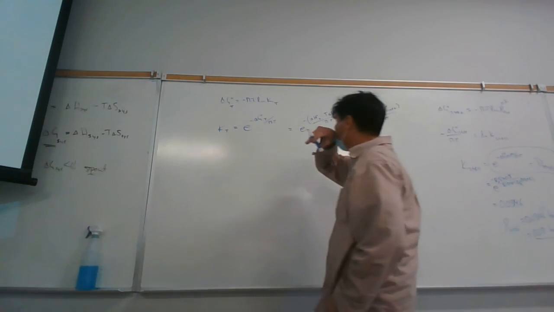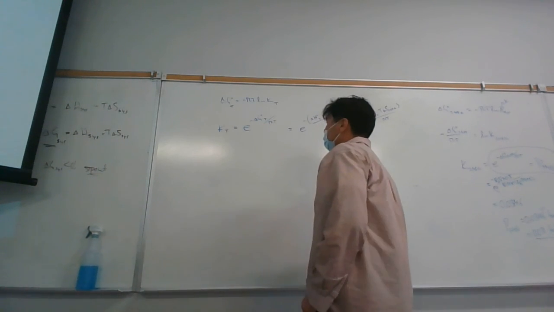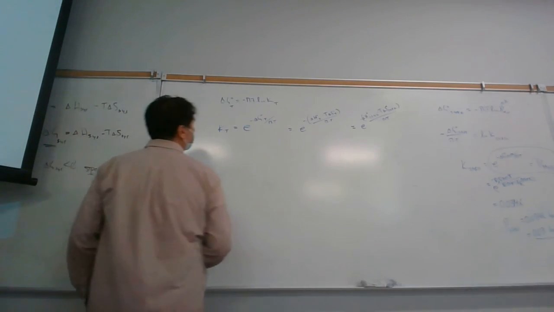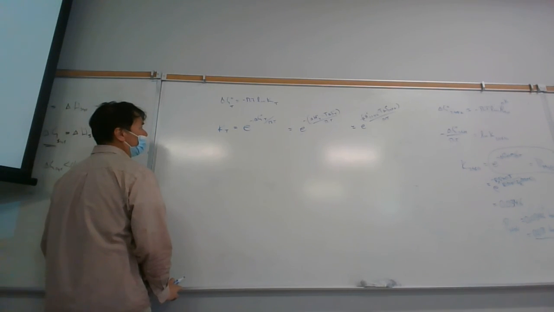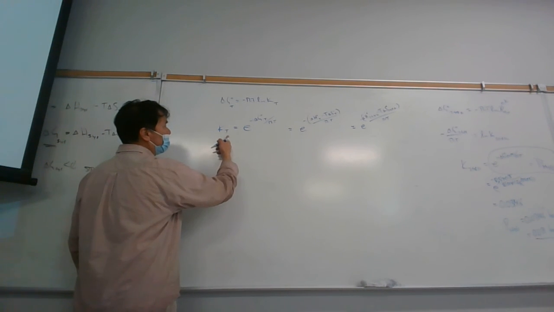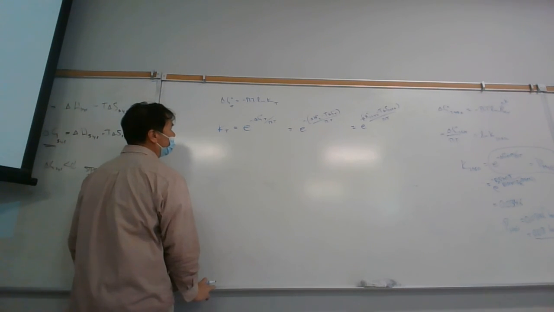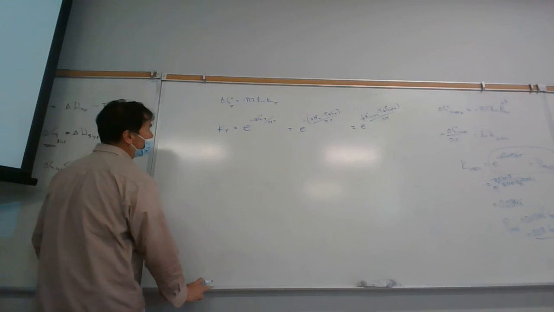Likewise, the same thing happens here. Well, actually, we're calculating delta G naught at that temperature. So we can figure out that K at different temperatures here. We can also figure out delta G at different temperatures.